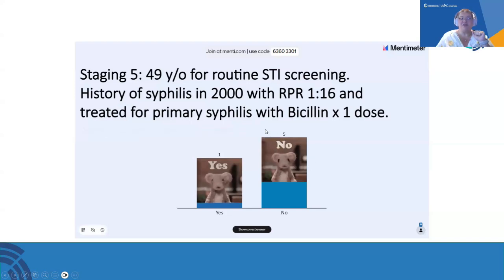You're correct. No is the answer, because remember that if they have a history of syphilis, it's still going to show that antibody in the bloodstream, even though it's an old infection. So the point of care test isn't going to do us any good. So you have to send an RPR off for that.